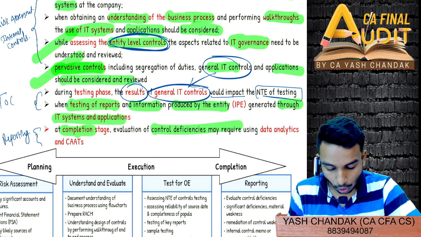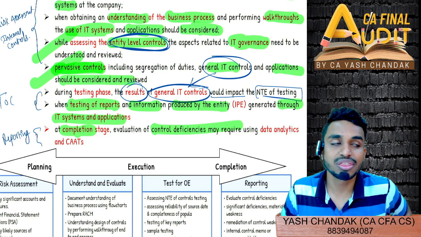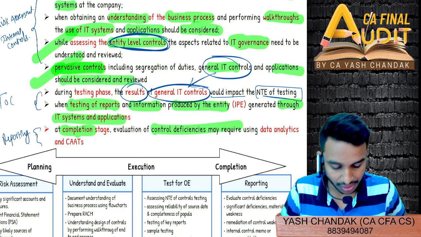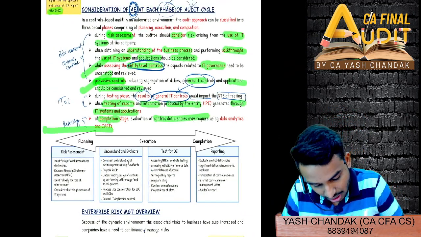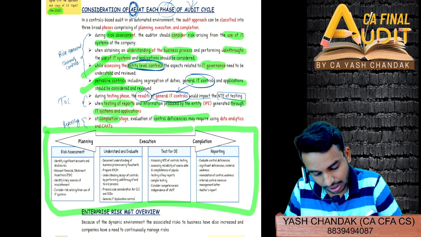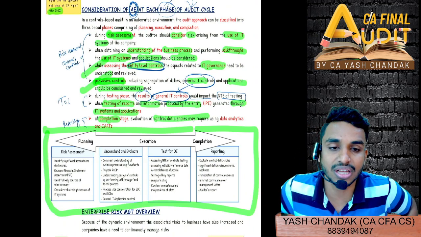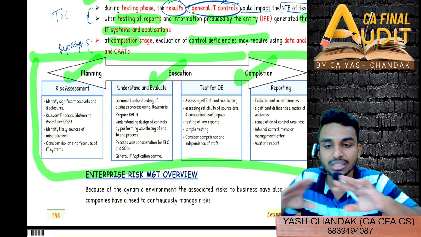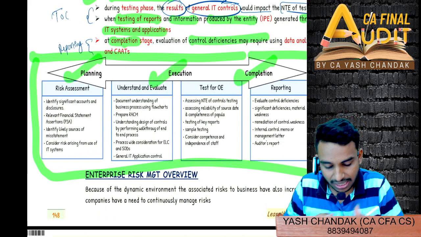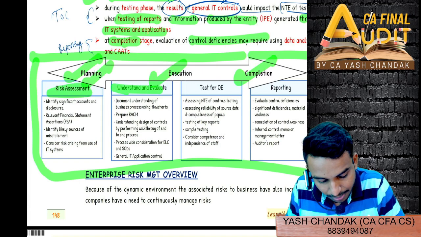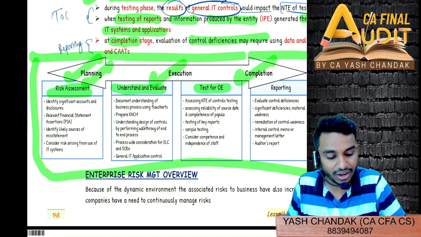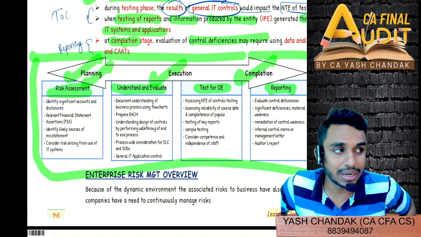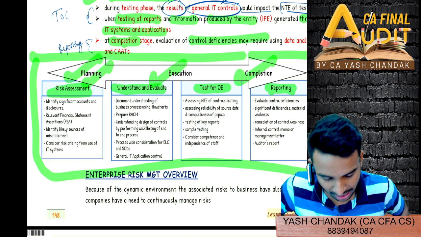So that is our entire answer, the consideration of the automated environment at each and every phase of the audit cycle. Either you can write this or you can write this also. These two answers are generally given in the suggested answer. Just go through this: planning, execution, and completion. These are the three phases of the audit cycle, and in each phase we have risk assessment, understanding and evaluating, testing, then finally reporting. It is kind of similar to what we just did above, but I believe the above answer is easier compared to this one.